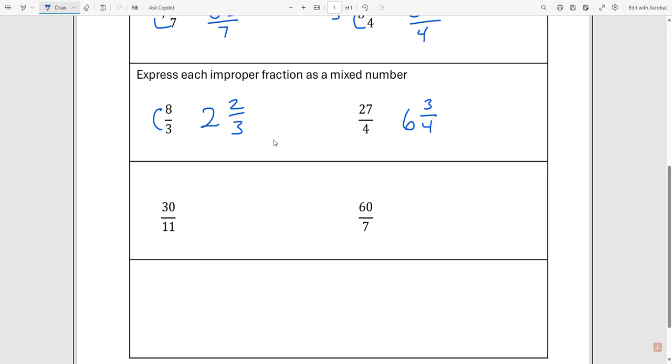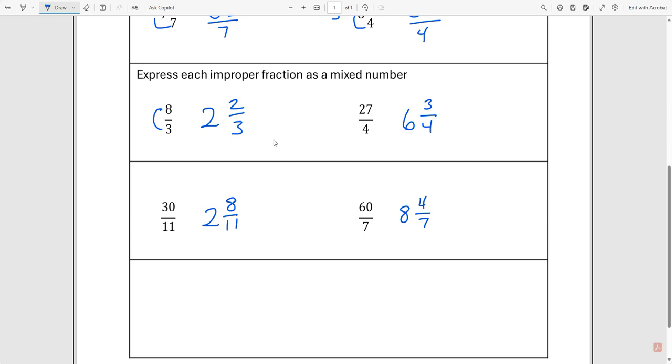Okay, and then we have 30 divided by 11. 11 divides into 30 2 times, and 2 times 11 is 22, so we have 30 minus 22 is 8. That's what's left over, and so 2 and 8/11. And then finally 60 sevenths, so 60 divided by 7 is 8, and 8 times 7 is 56, and so therefore 56 subtracted from 60 is 4, and so then we have 8 and 4/7.